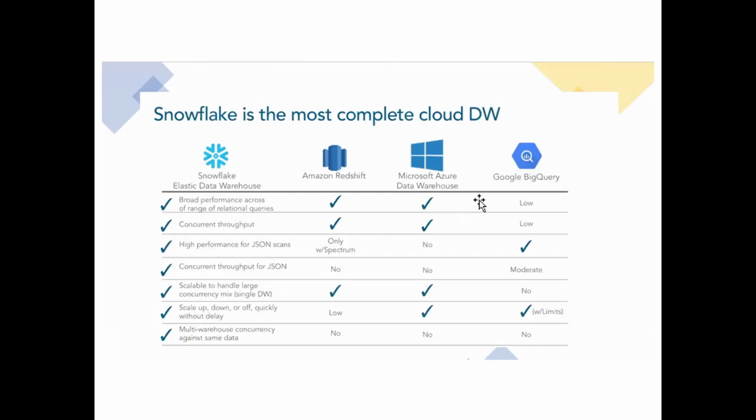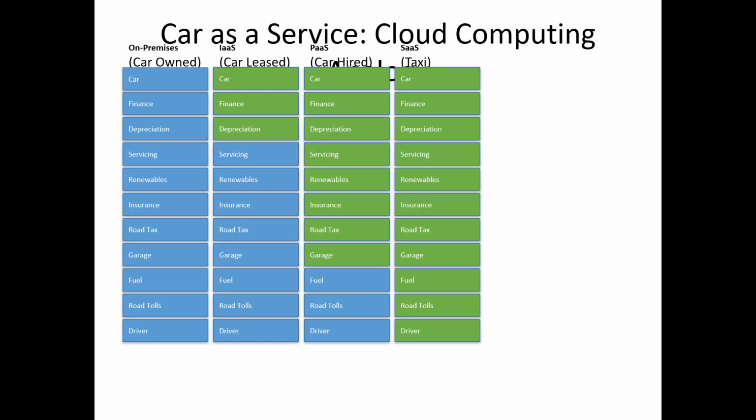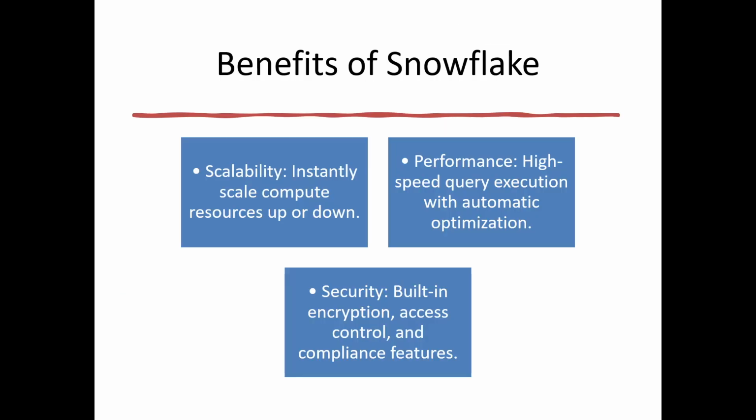Snowflake is a complete cloud data platform, used for high performance, scalability, and multi-warehouse concurrency against the same data. I already mentioned the benefits of Snowflake: scalability, performance, and security.